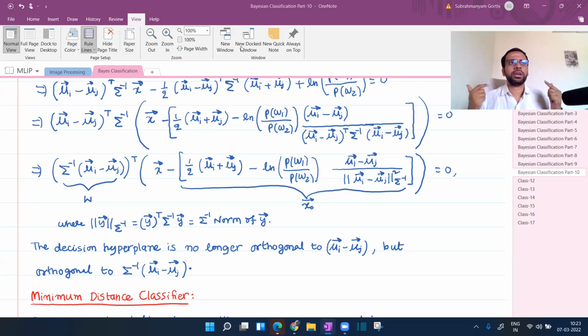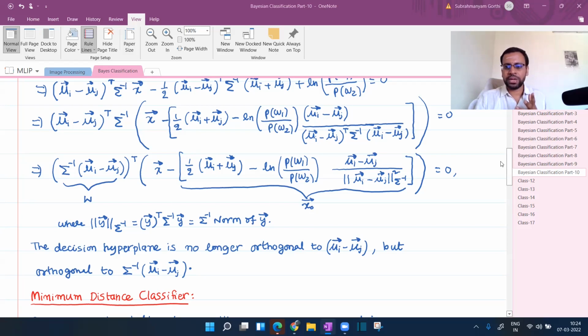Just a quick recap. The cases we considered here are very special cases where all classes have the same covariance matrix and all the classes have Gaussian distribution. The first case we considered is where the covariance matrix is diagonal. Then we had a look at how the decision planes would look.